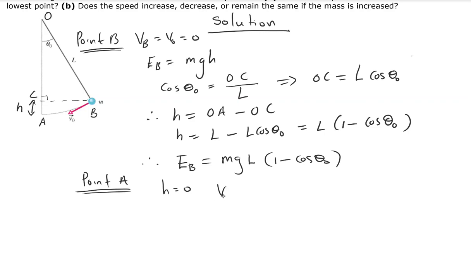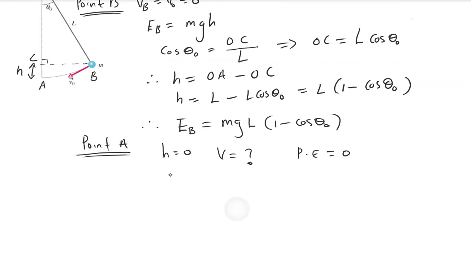But the velocity is what we are asked to find. We don't know what it is. Since it has a height of 0, it does not have potential energy, but it has a velocity, so it has kinetic energy. So energy at point A is absolutely kinetic energy. We have equation 1, which is energy at B, and equation 2, which is energy at A.